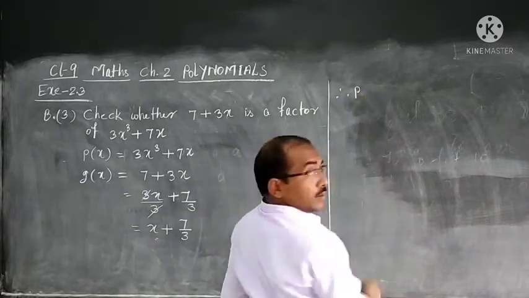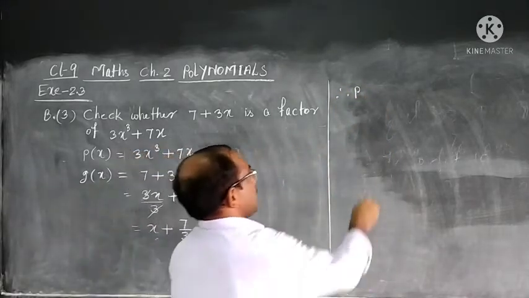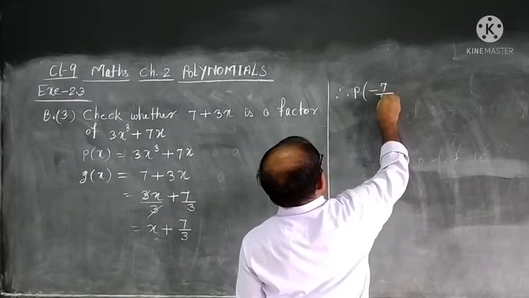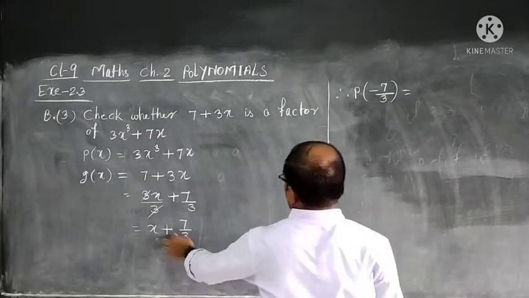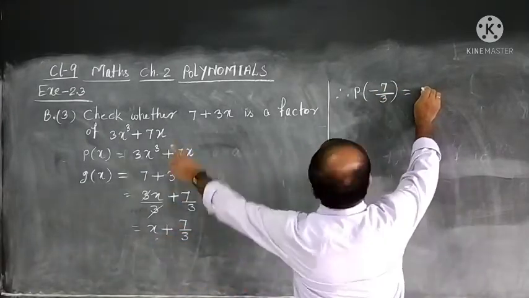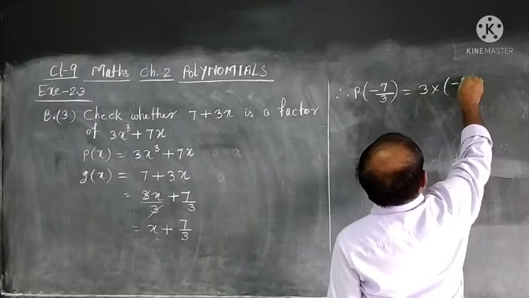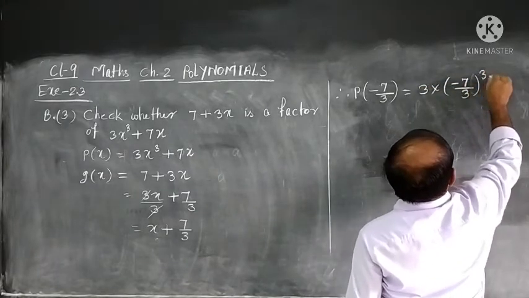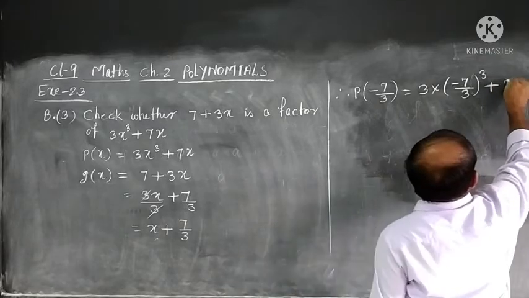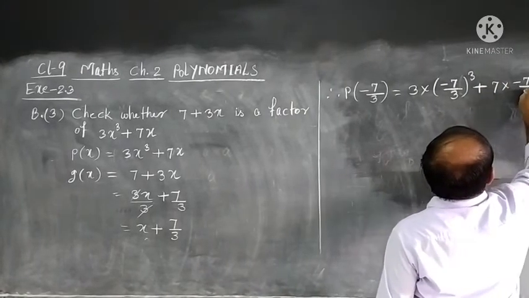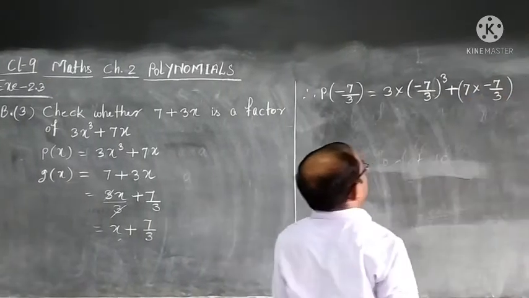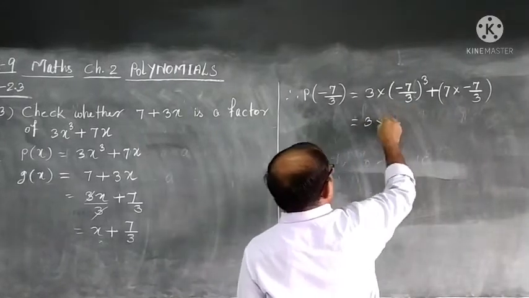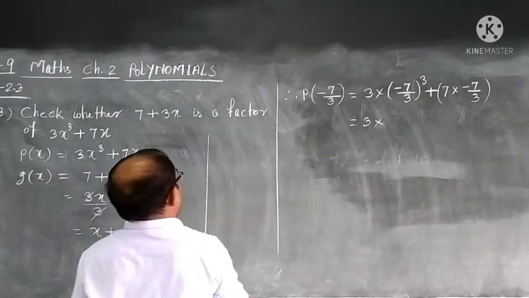Therefore, p of minus 7 by 3. We remember here we need to use the opposite sign of that, and the polynomial is 3 into minus 7 by 3 cube plus 7x, 7 into minus 7 by 3. These two are in, into 3 into minus 7 cube. What will be minus 7 cube?